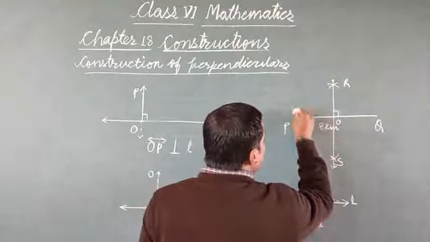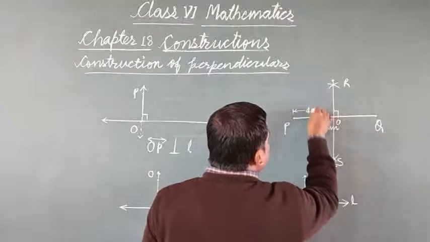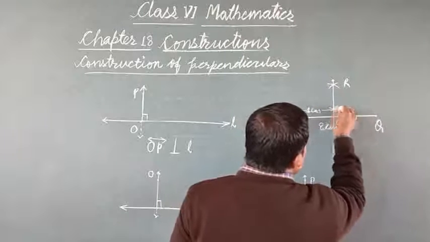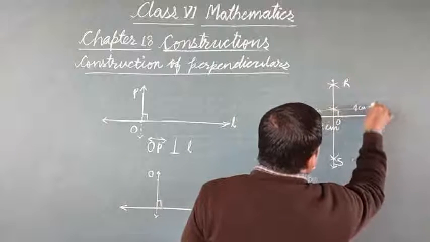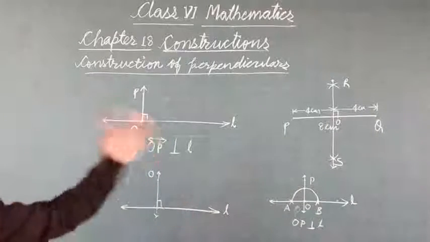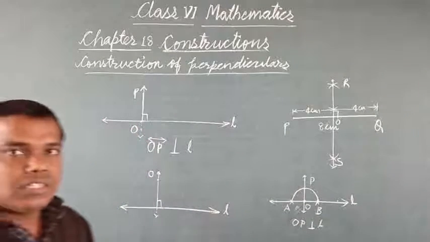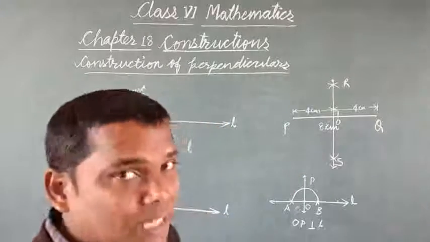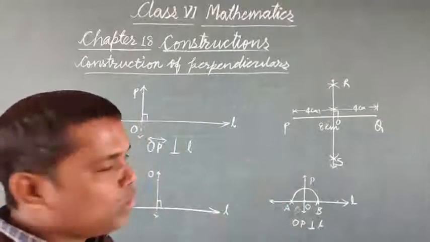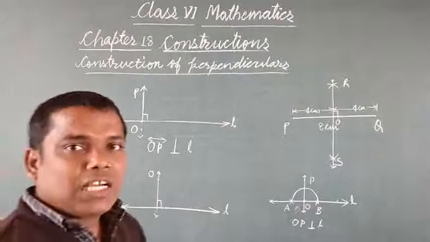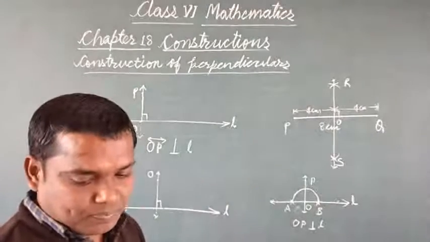So from here to here we will get 4 centimeter, and again from here to here we will get 4 centimeter. So this was the construction of the perpendicular bisector of a line segment. I hope you understood how to draw the perpendicular bisector of a line segment.